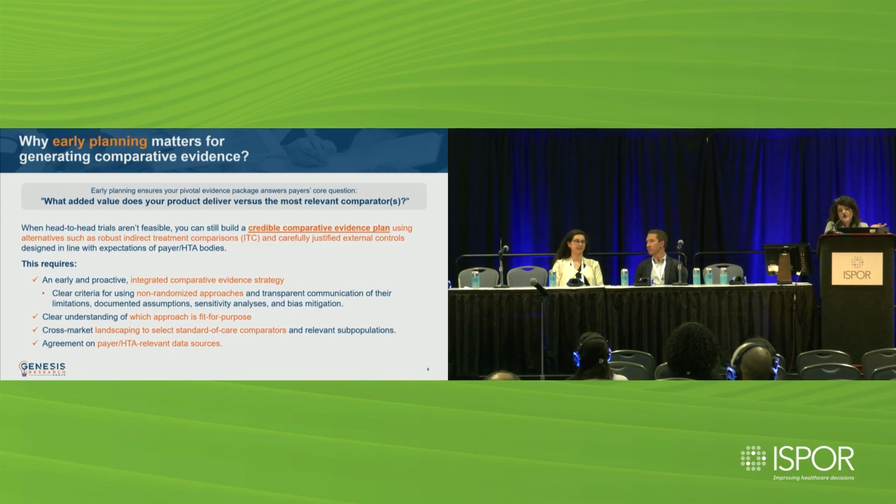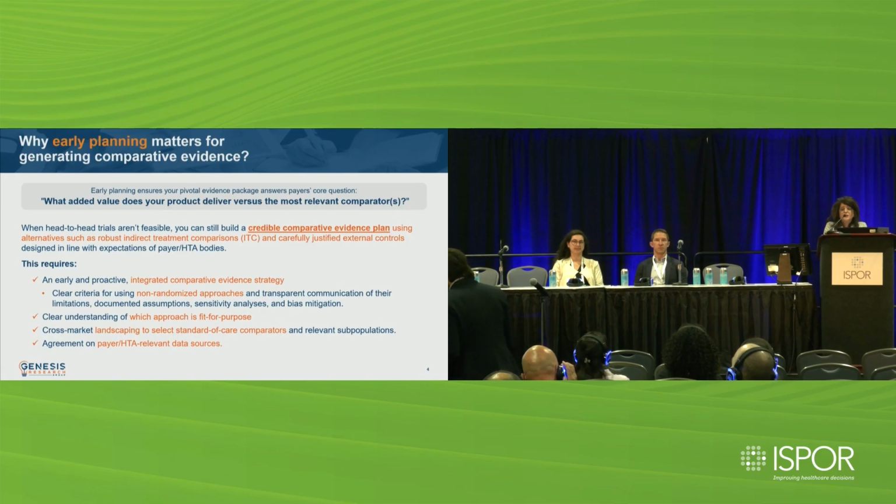Now, in our observation within pharma as well as in consulting, what we see is that we don't often start having these conversations about the strategy around comparative evidence early enough. These discussions are very nuanced, and you have to take into consideration the evidence base, which is available to determine the fit-for-purpose strategy for your comparative evidence.